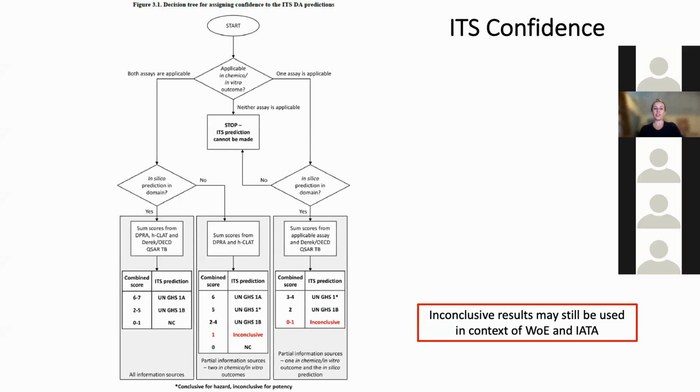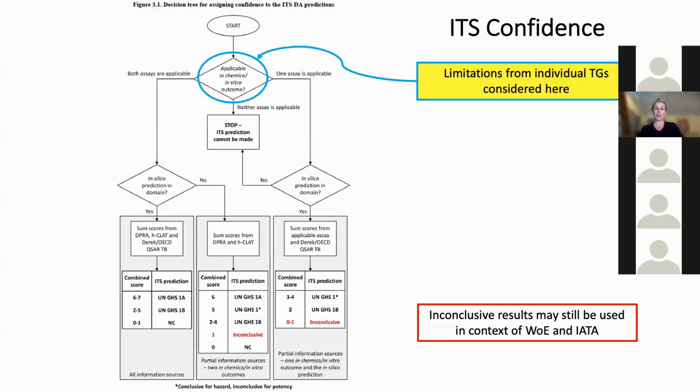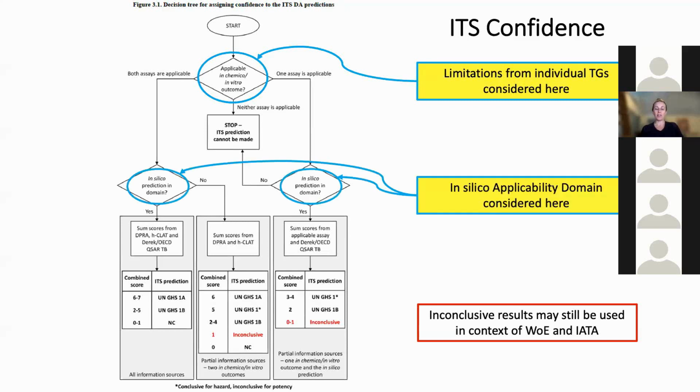So these considerations are also taken into account in the integrated testing strategy defined approach. So again, here we have the limitations from the individual test guidelines, such as the log P limitation for negative HCLAT results. And then we also have a decision point where we take into account the applicability domain of the in silico information sources.